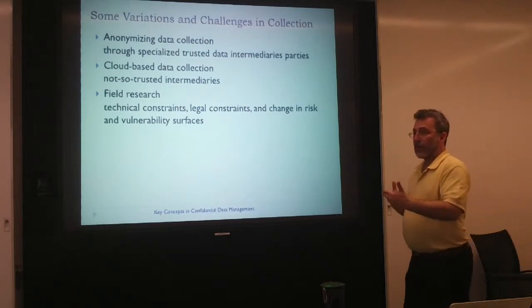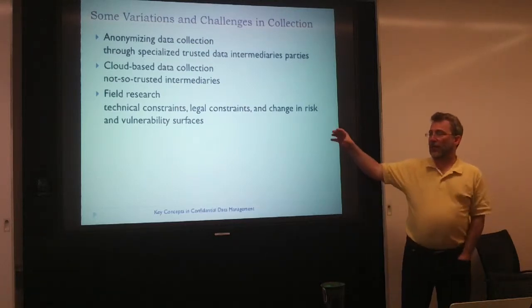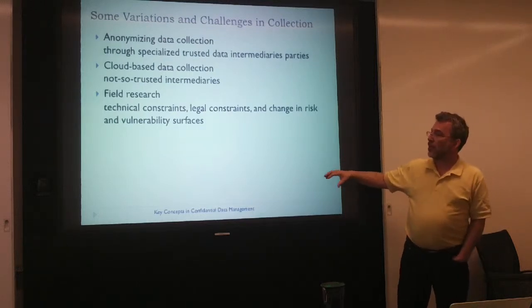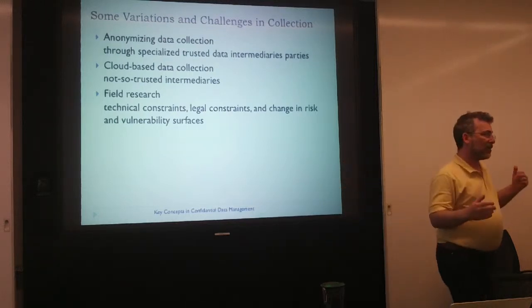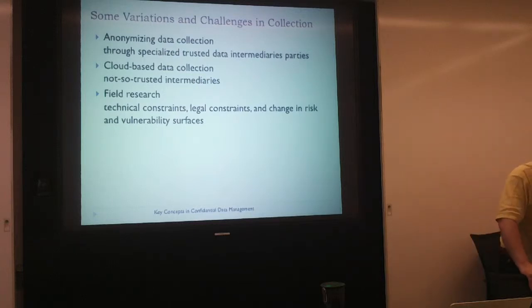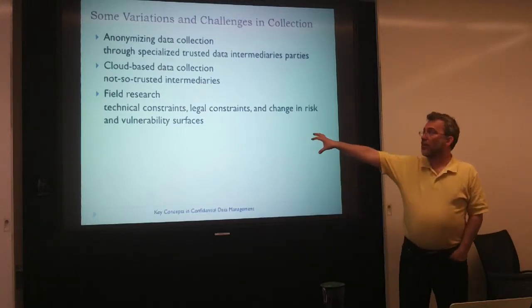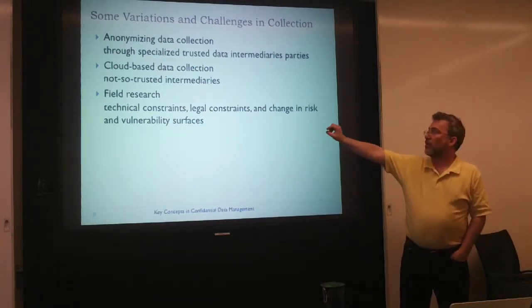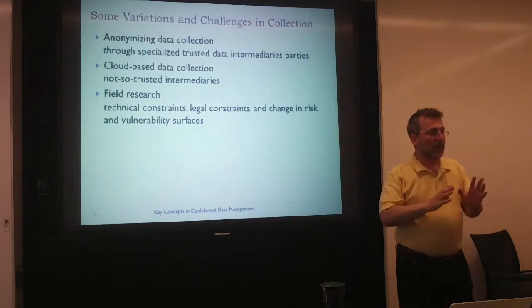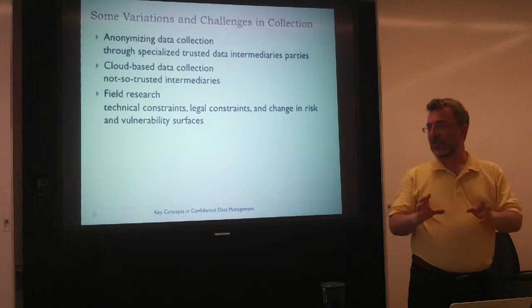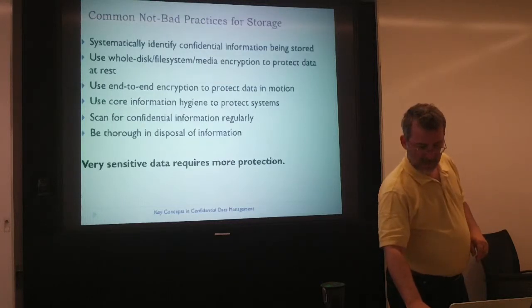So what is collected and what you intended to collect in the research design might differ when you go through third parties. And field research, which is a special concern for some of the folks at MIT, for example, has different sets of technical constraints, legal constraints, and very different changes in the risk and vulnerability surfaces. Different questions are sensitive, different releases are sensitive.